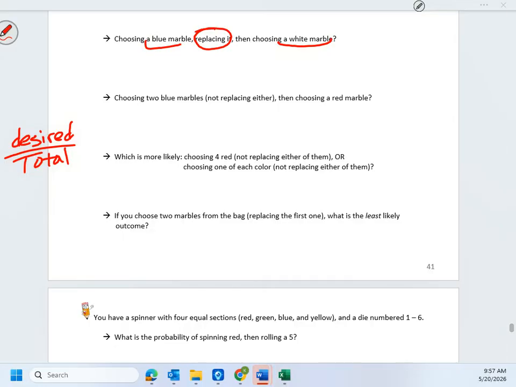Write down your 2 fractions. And then you can do all the math. We're going to work on it first and then talk about it. So we choose a blue, replace, choose a white.